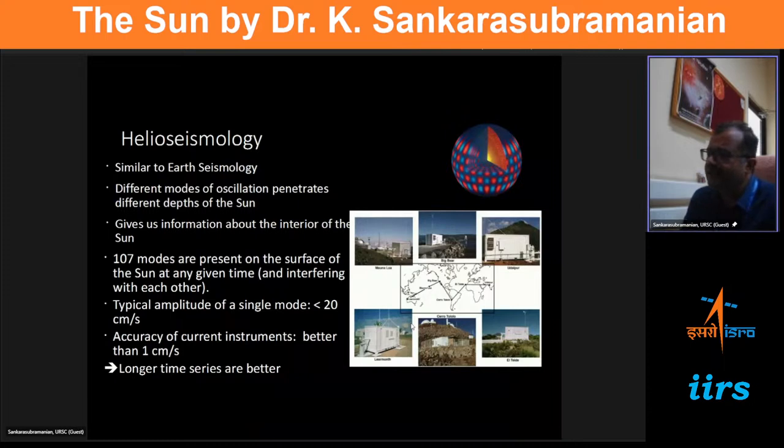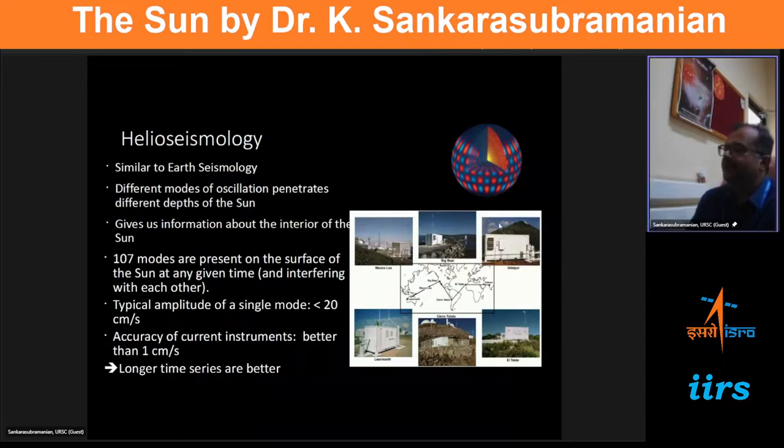To do this, we need 24 hours of data. I mean, observations of the sun have to be done continuously for 24 hours. One way it is done is to have telescopes put across the globe, so that when we are on the night side, somebody else in some other country is on the day side, observing the sun. Similar instruments were put across the earth to cover the sun observations 24 hours continuously.